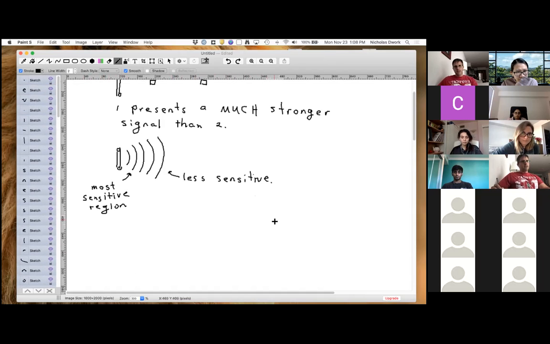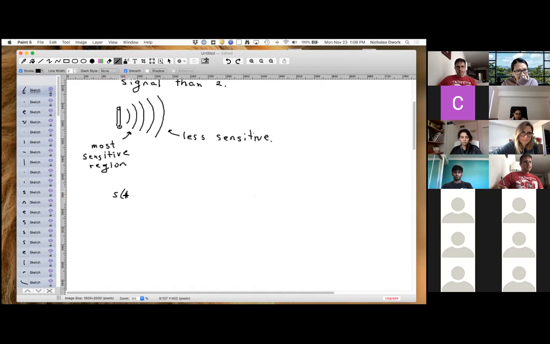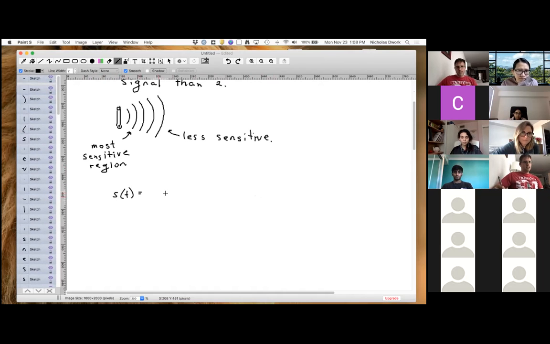And so the reason this is significant is because of the signal equation. This is what I wrote before, right?